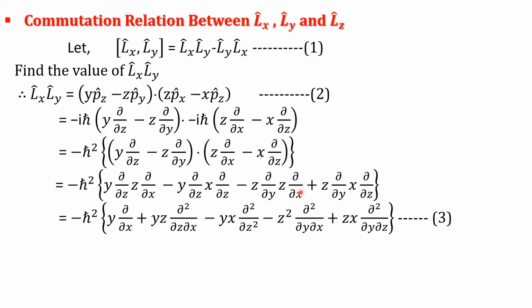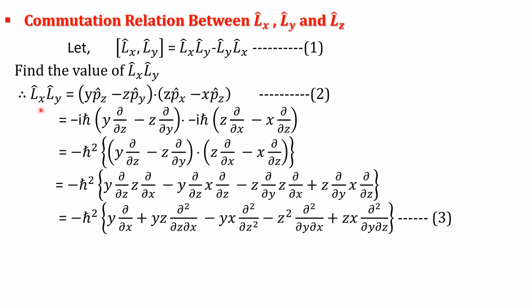Keeping z constant and differentiating only the second term, it is minus z square del square by del y del x. Last term, plus zx, since differentiation of the x term with respect to y is 0. Differentiating only del/del z with respect to y, zx remains as it is, into del square by del y del z.